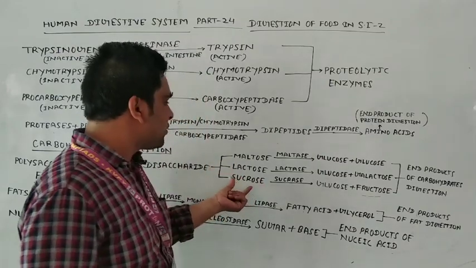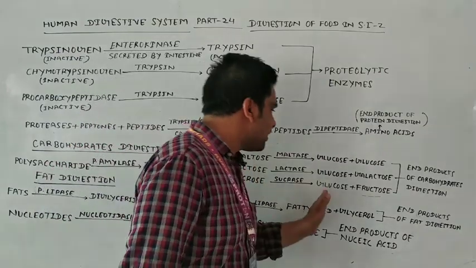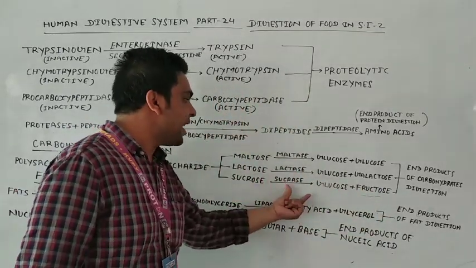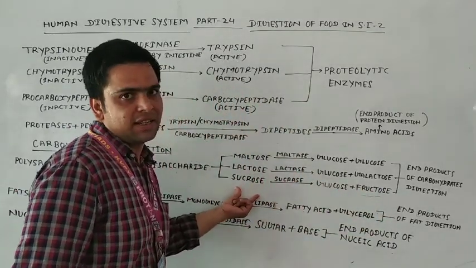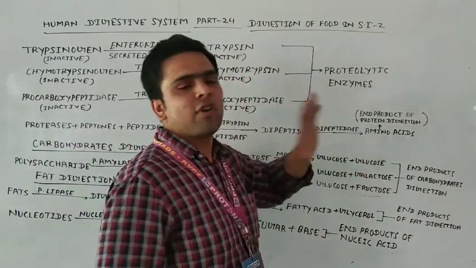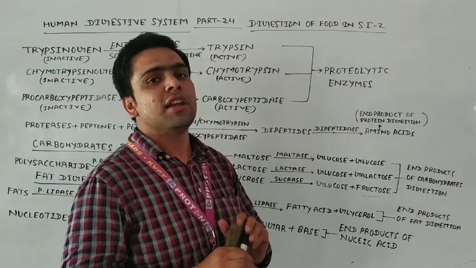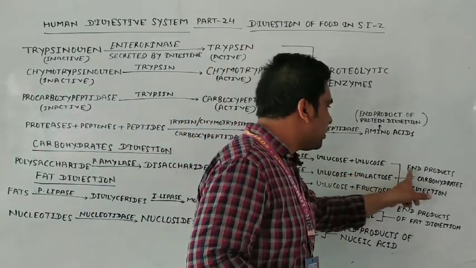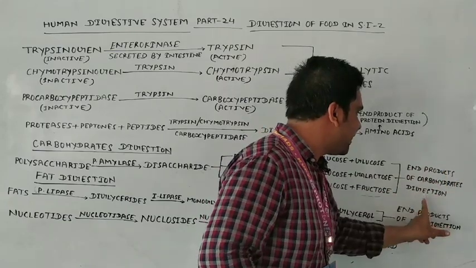And when we talk about sucrose, sucrose converts into glucose plus fructose, and the sucrase enzyme acts on sucrose. Clear, students? So these are the simplest forms of carbohydrates. Further division is not possible from here. So these are the end products of carbohydrate digestion.